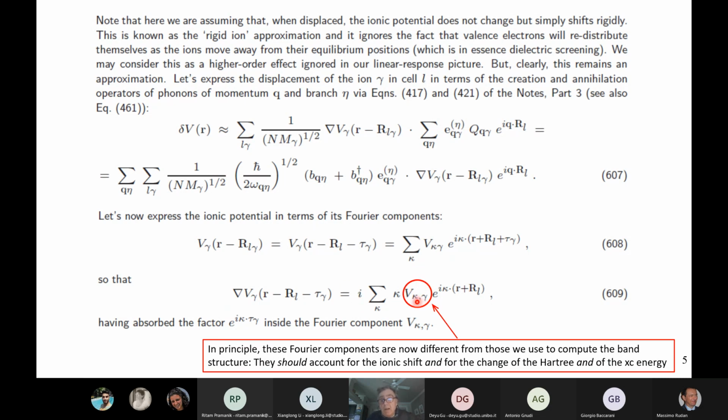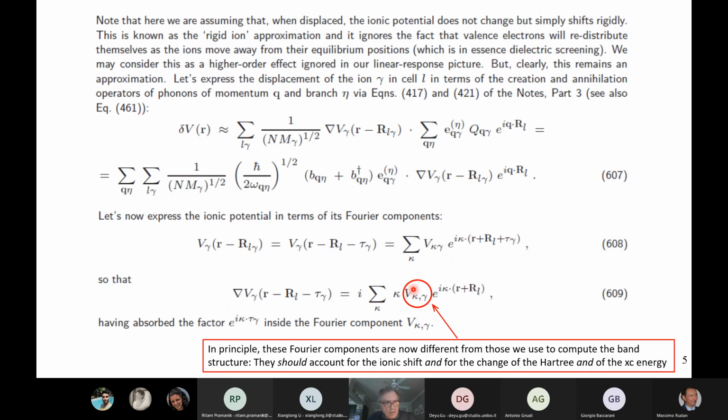This is again the harmonic approximation, in which we're expanding the potential up to the leading order in displacement. We can go to higher orders, and this is important for phonon-phonon interactions that require these anharmonic terms, which is important, for example, for thermal conductivity. But here we'll stop at the leading order.